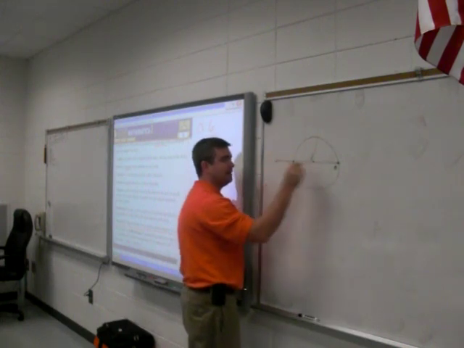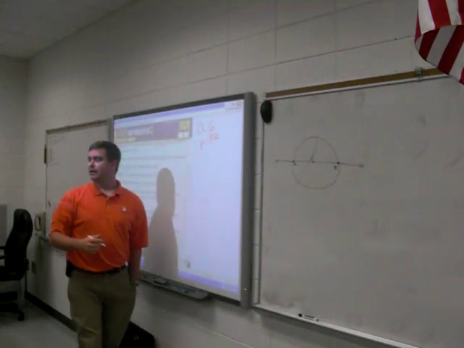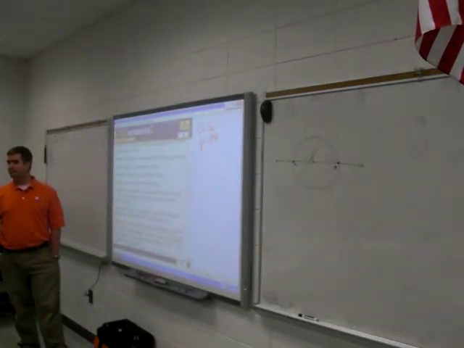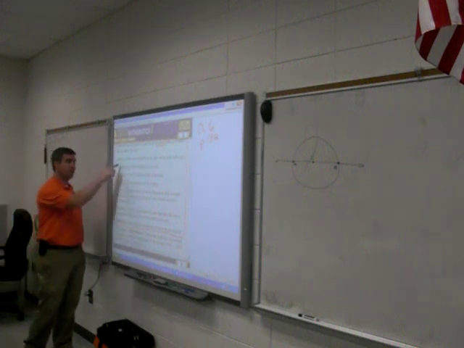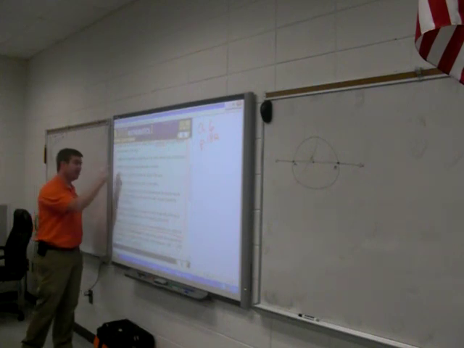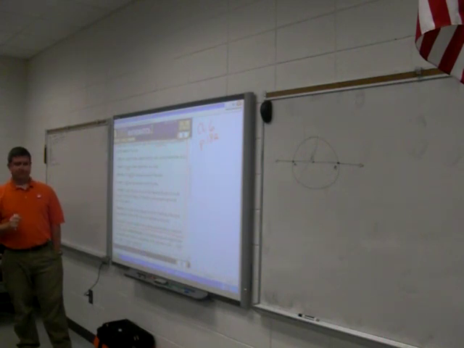If I extend that out and make that into a line, then the way you would say it is that secant contains the diameter. Okay? Because the diameter is a chord, and a chord is a segment. So therefore, a diameter has to be a segment. It cannot be a line. Questions on secant?